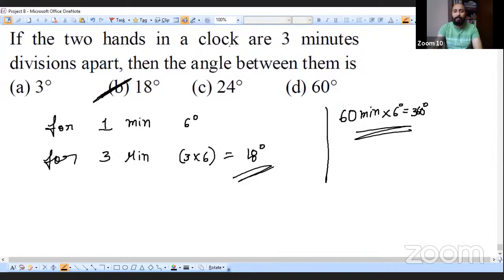Is this clear, everybody? Any doubt on this, people? So 1 minute is equal to 6 degrees. So 3 minutes is equal to 18 degrees. Is this clear? Any doubt on this? Okay.